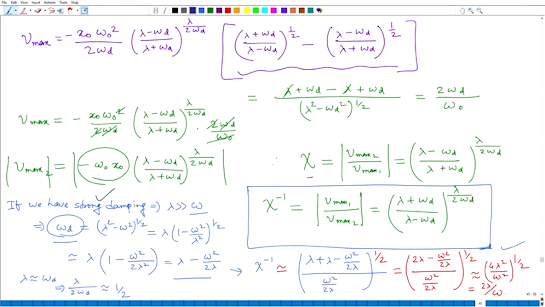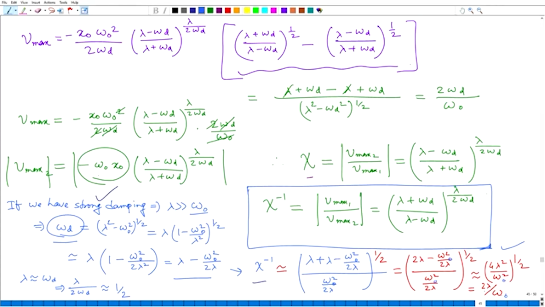So, in the limit of strong damping, this ratio still depends on the damping coefficient, and so whenever I write omega, I am sorry, I have to write everywhere omega 0, not omega. I am sorry for that. So, you just change everywhere omega as omega 0. Okay.